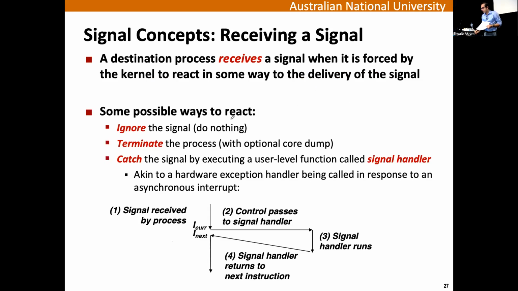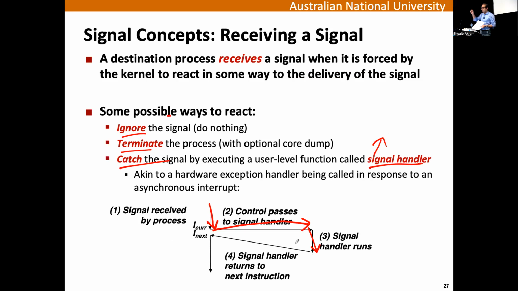So here is how. Processes can ignore the signal, terminate, catch the signal, and do something interesting. They do it through the signal handler, which pretty much looks like the exception handler. So this is how the flow control looks like. Anytime the signal arrives, the kernel runs the signal handler code.